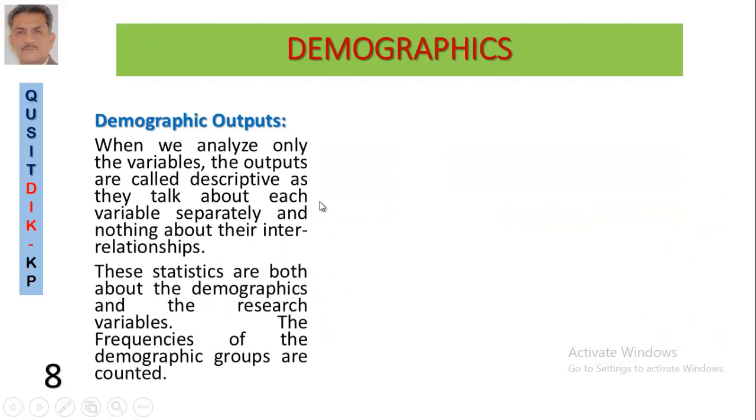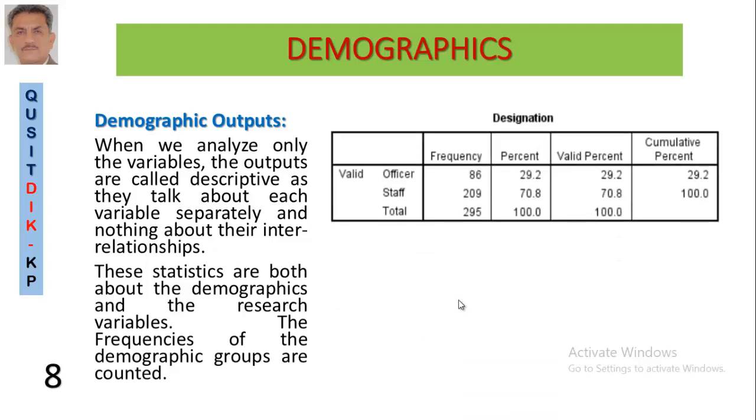Now, once the data matrix is complete and computed variables are also there, we start descriptive analysis, which means that we start answering the research questions. So we start with demographic outputs like the frequencies of respondents as per designation.